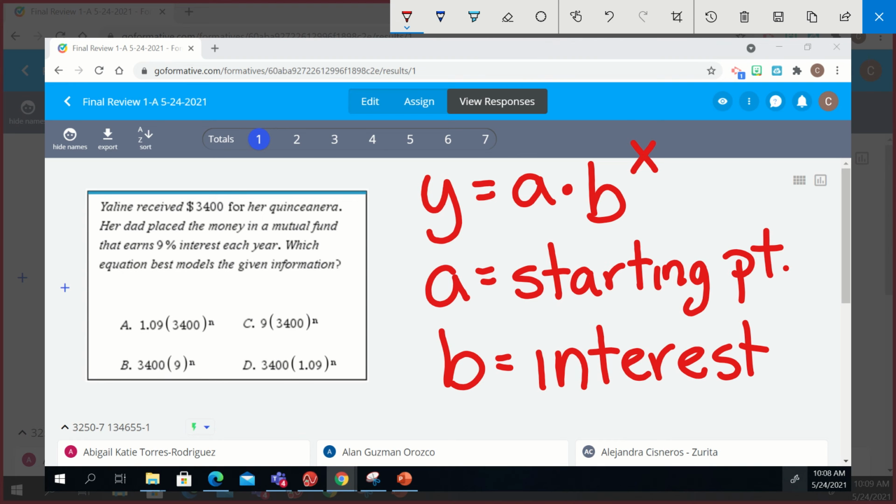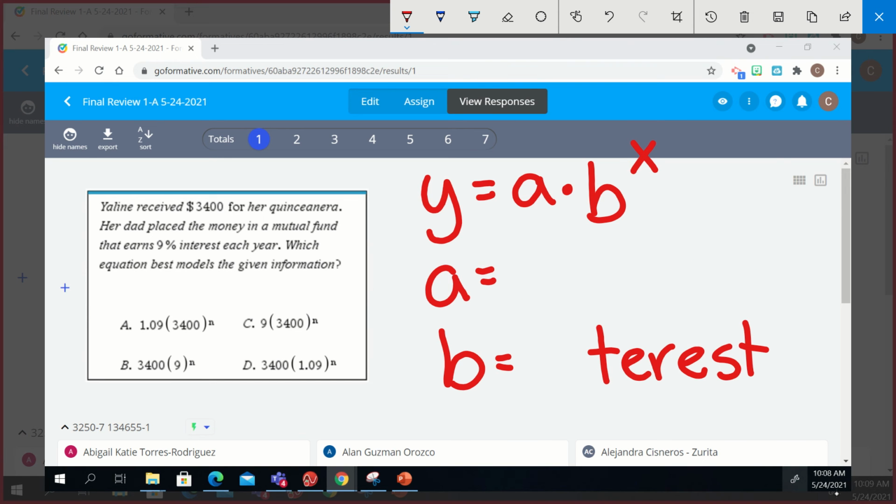So now that you have that information, I'm just going to take away these two things really quick. And I'm going to say, if A is our starting point, she received $3,400. So her starting point has to be $3,400.